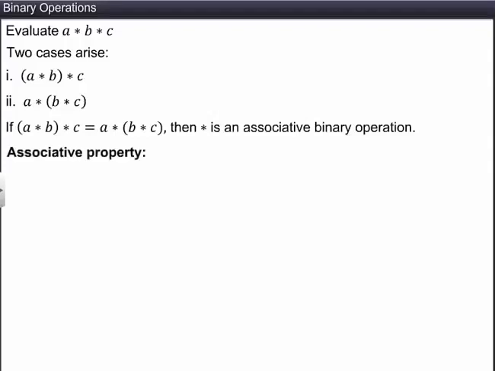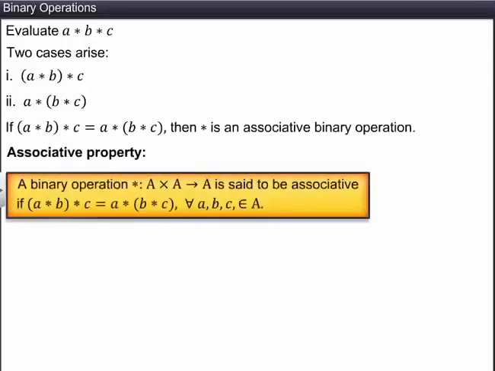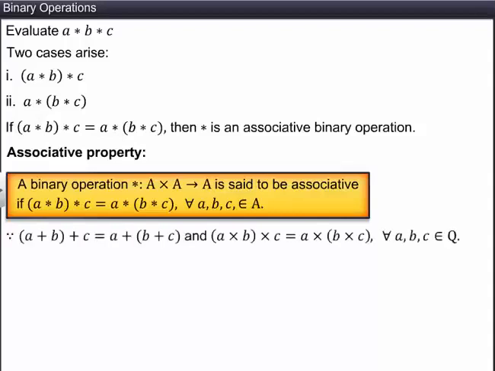In other words, a binary operation star on set A is said to be associative if (a star b) star c is equal to a star (b star c) for all a, b and c belonging to A. Now, addition and multiplication are associative on set Q of rational numbers.